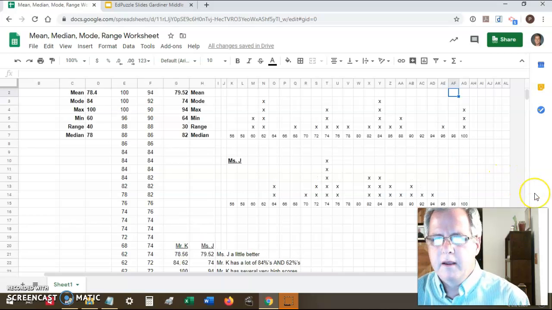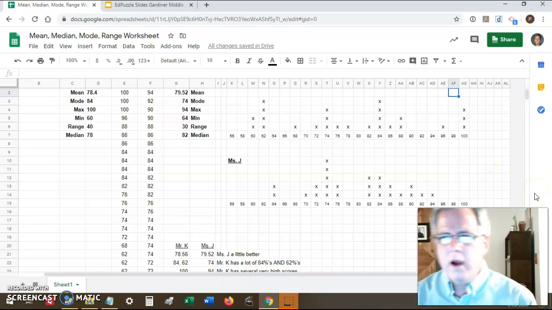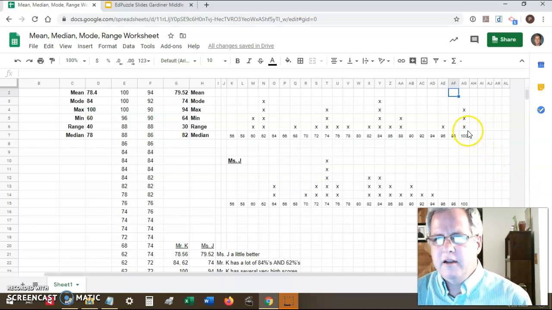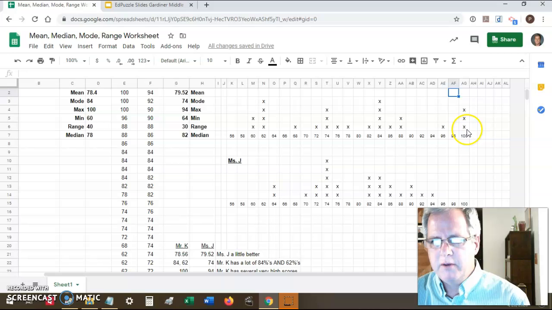What I find is that Mr. K's class had a wider spread of scores. He had really, really high scores up here at 100, and he had really, really low scores here at 60. Ms. J's class was much tighter, if I can use that word. Her lowest score was 64, and her highest score was 94.